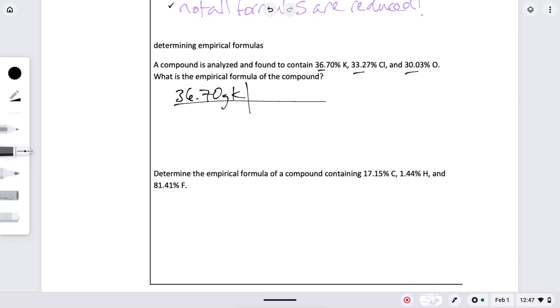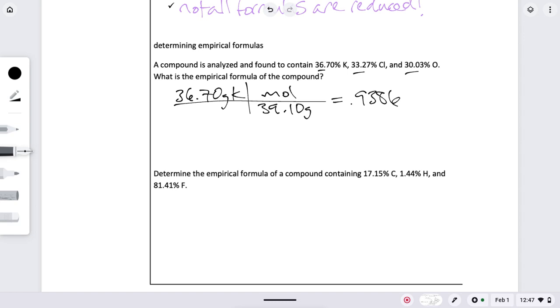So if you see percents, just assume it's grams. Makes it easy. And then you start to turn those gram amounts into moles. Potassium on your periodic table is 39.10 grams per mole. So I divide those two things, and I get 0.9386 for this first one.